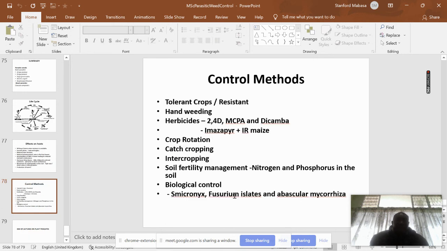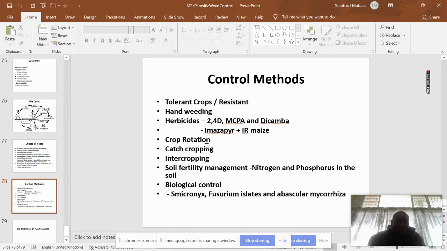Then we have just gone through the control methods. We talked about, first, tolerant or resistant crops, hand weeding, herbicides: 2,4-D, MCPA, and dicamba. Then this technology where we have imazapyr-resistant maize.